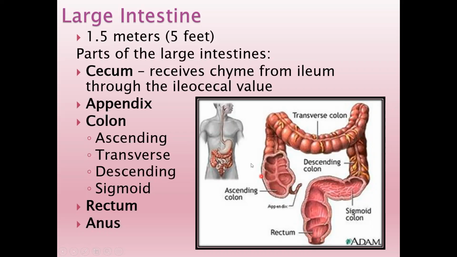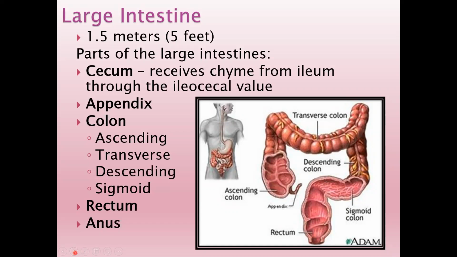Remember, it's charged with the task of reabsorbing water. So the food that's ready, the nutrients have been absorbed from it. Now we're just absorbing water in the large intestines. If the stool stays in the large intestines for a long time, water keeps getting reabsorbed from it, and so it becomes very, very dry, and so it becomes harder to pass as stool.